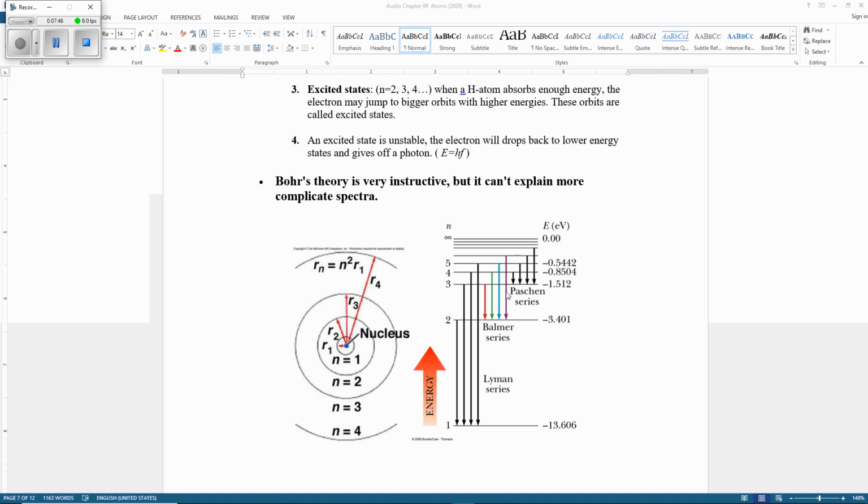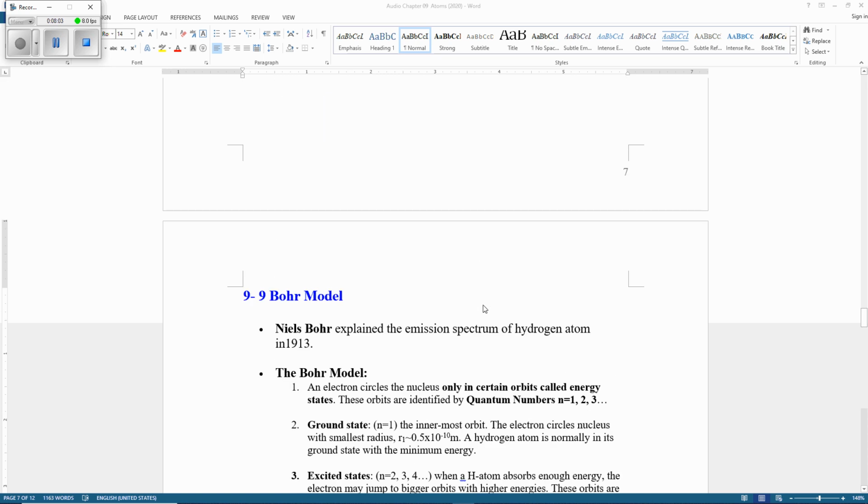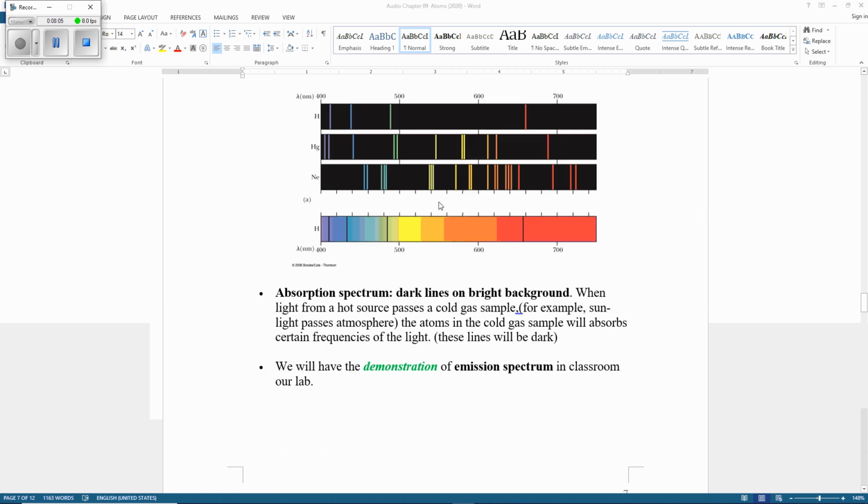So electrons go from high energy back to low energy, energy reduces. As a result, you have photons come out with different colors. That's exactly what happens. Why we see those colors from hydrogen.